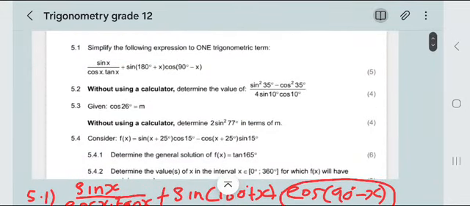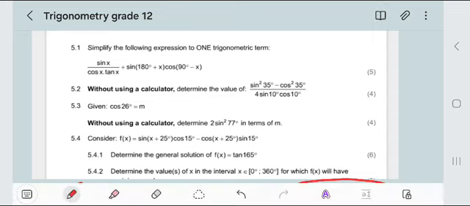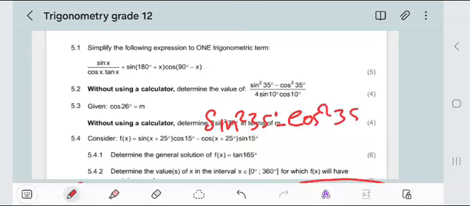So again, we have 5.2. Without using a calculator, determine the value of sine squared 35 minus cos squared 35, all over 4 sine 10 cos 10. We're given sine squared 35 degrees minus cos squared 35 over 4 multiplied by sine 10 multiplied by cos 10.